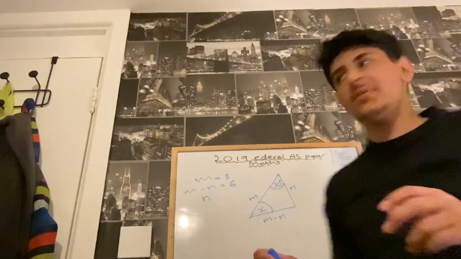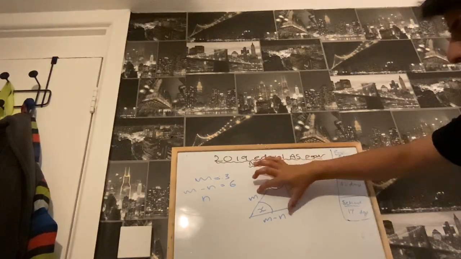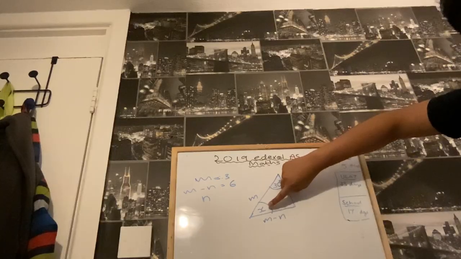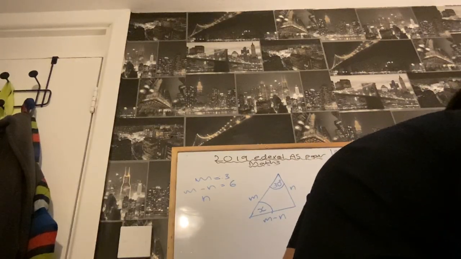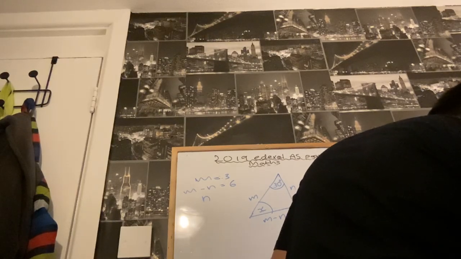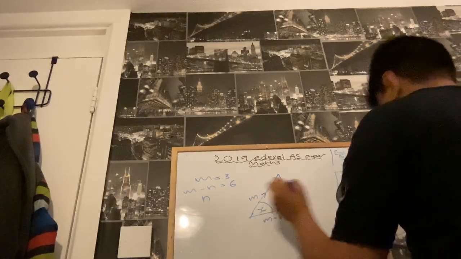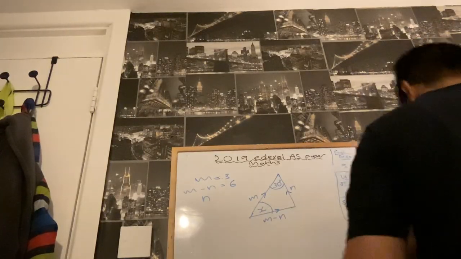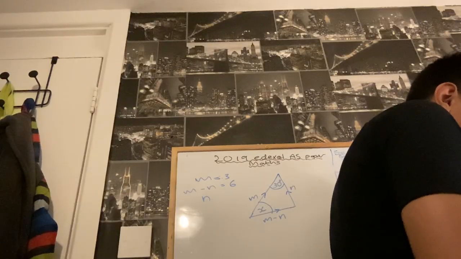So m and m minus n is there, and the angle between them is what we need to find out. By the way, because they are vectors, one is going up like that, one is going up like that.